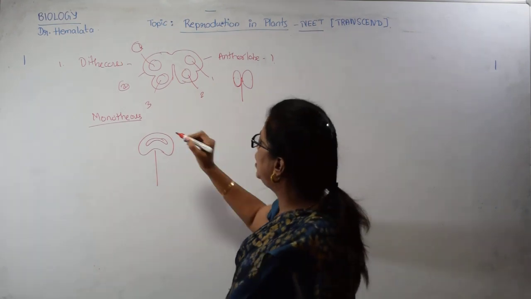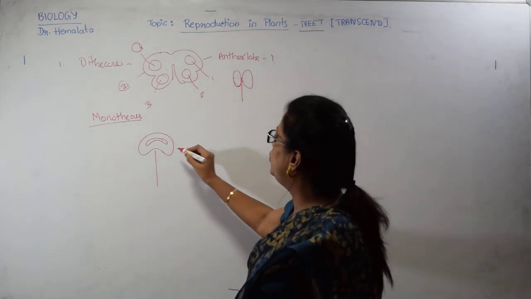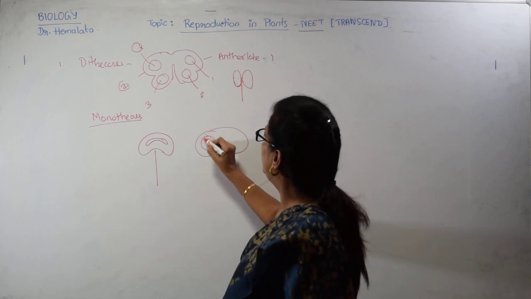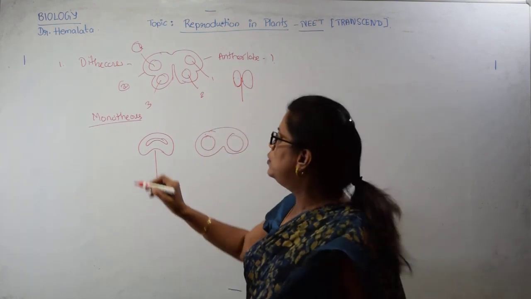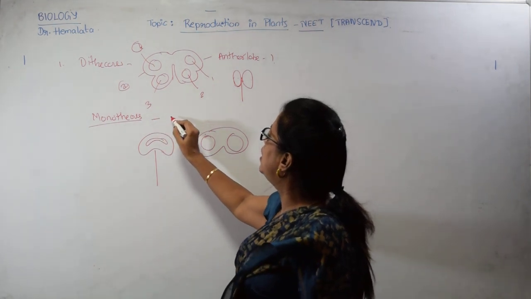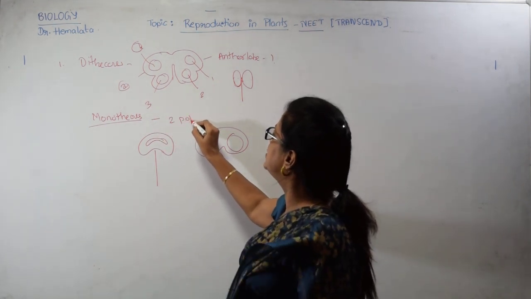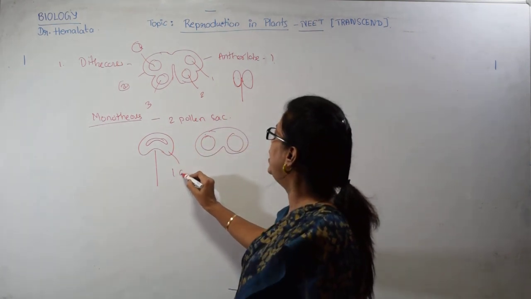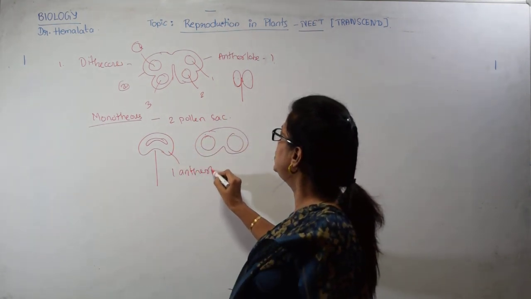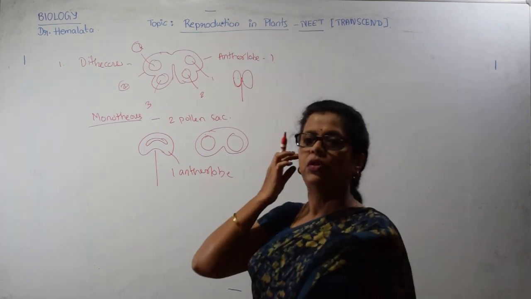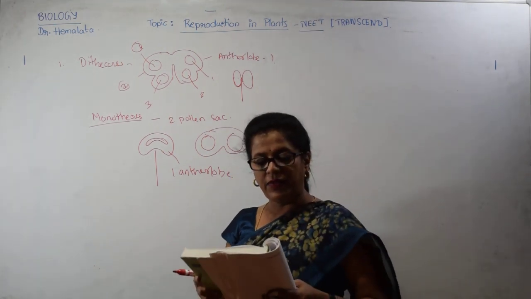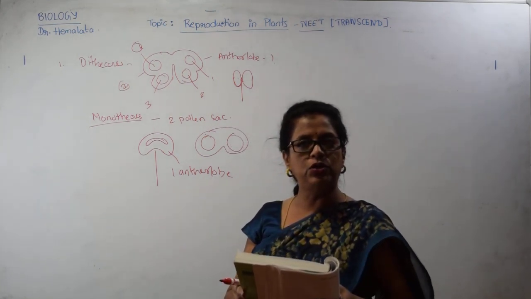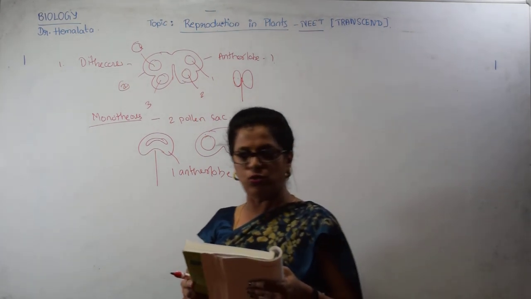If you take the section, there will be a structure like this, with 1 anther lobe over here. So in monothecous anthers, there are 2 pollen sacs along with a single anther lobe. This is the connected question I explained to you. Therefore, among the given answers, the right answer is the first option, 4 pollen sacs in 2 anther lobes.